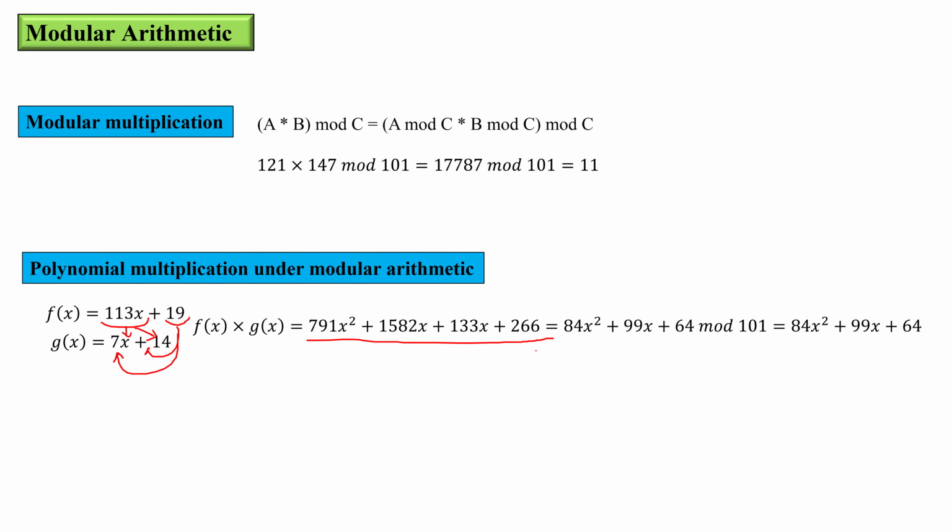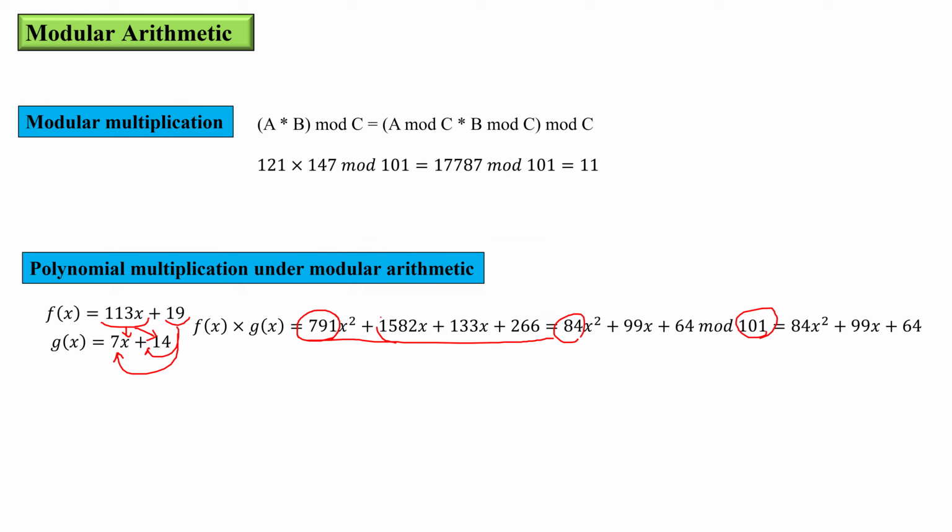And now we want to compute the coefficient values in modular arithmetic. So we need to compute 791 mod 101, and it would be equal to 84. You can again check the website.